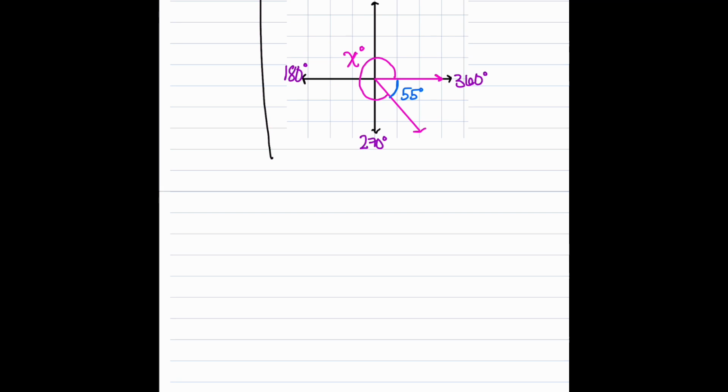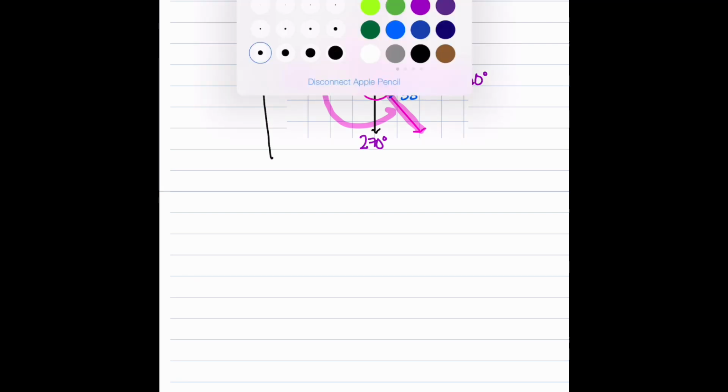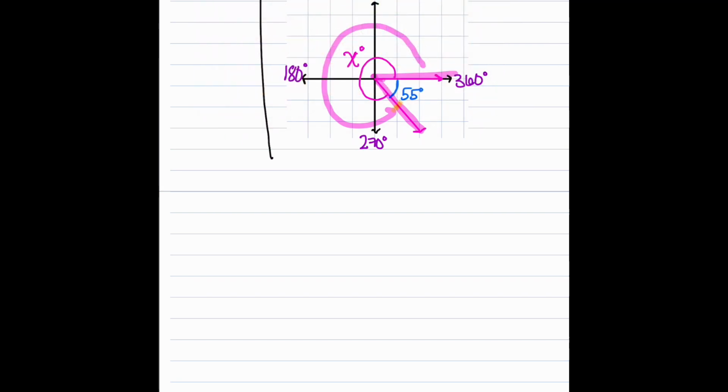Okay, and we're trying to find this pink angle x, and this actually starts here at the bottom and goes all the way around to right here. So this angle, notice it's almost a circle. If it were a full circle, it would be 360 degrees and come all the way around here. But it's not, it's short by 55 degrees.